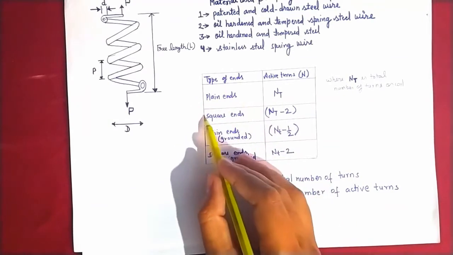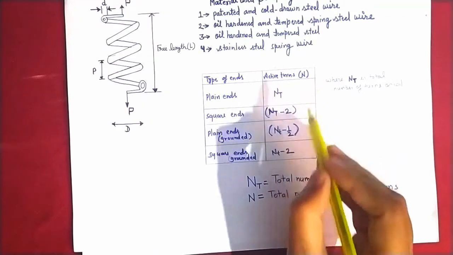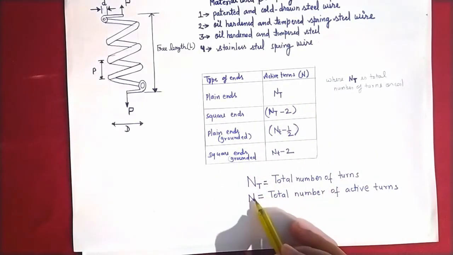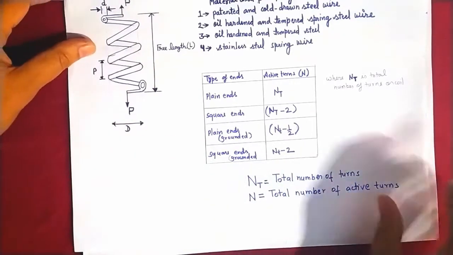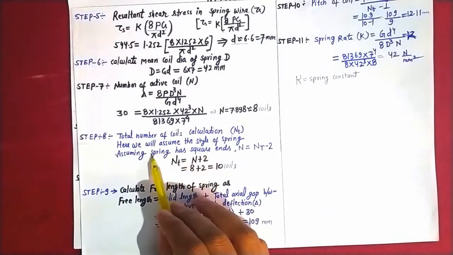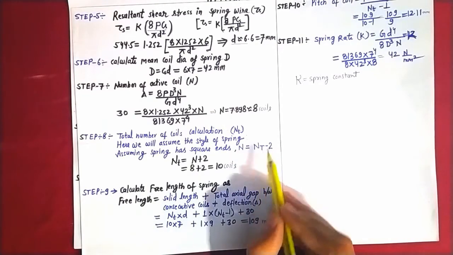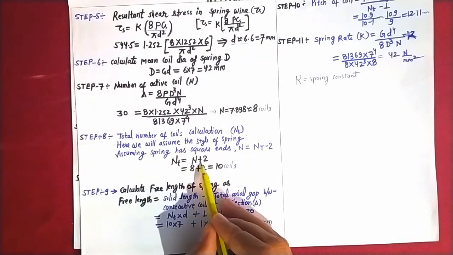I am choosing square end, and for square end, the active turns N is given as NT minus 2, where NT is the total number of turns and N is the total number of active turns. So corresponding to the square ends, the number of active turns is NT minus 2, so the total number of turns NT is equal to N plus 2.